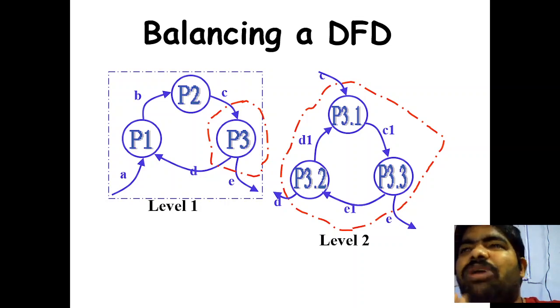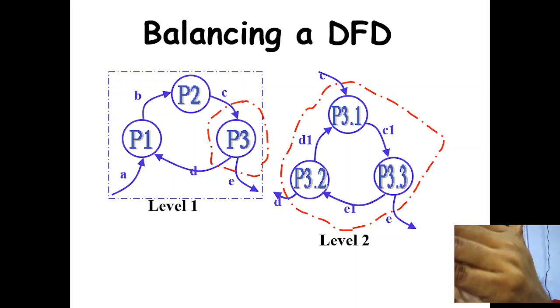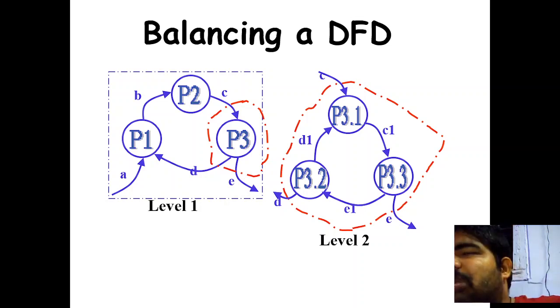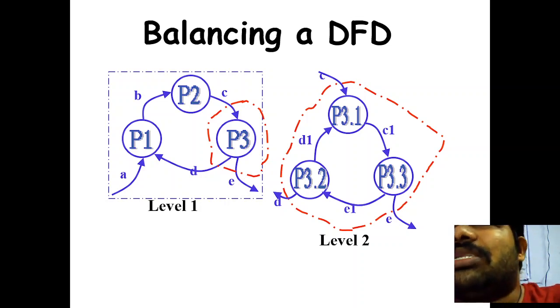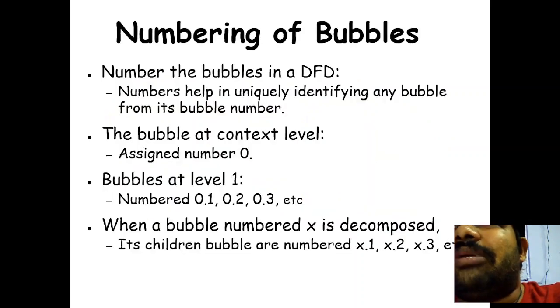In such a way we need to balance the levels. The operations coming in from level 1 to level 2, the operations executing in level 2 and moving to level 3, should be neatly balanced. That is what we represent with a balanced DFD.